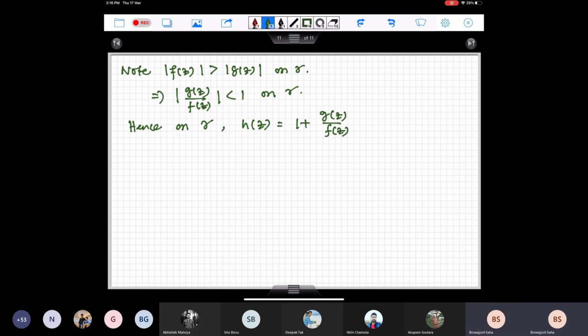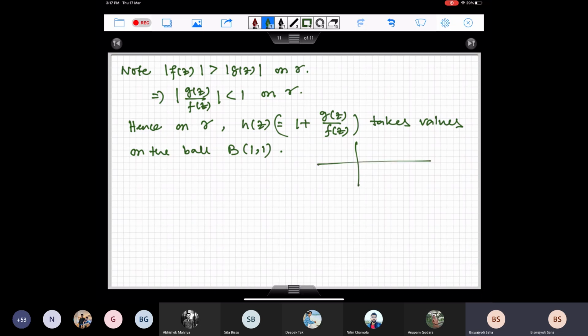Because on gamma h takes values on the ball B(1,1). So 1 is the center and the other 1 is the radius.